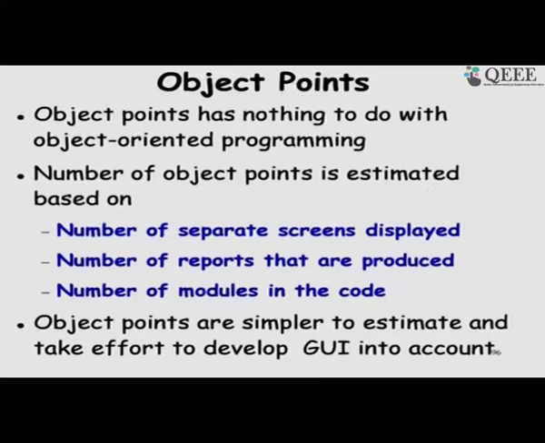Another advantage is that it considers the effort to develop the GUI, whereas in the others, like function point, we had an indirect way of taking GUI development effort into account, like the complexity of the input, output and so on. There we might give an adjustment factor, there we may classify that to be more complex, saying that a sophisticated GUI has to be developed.